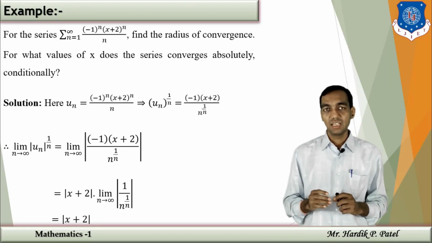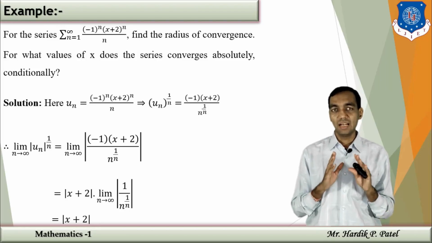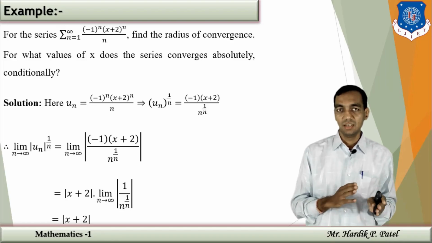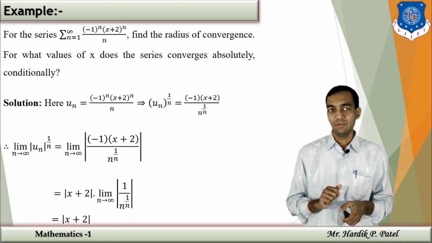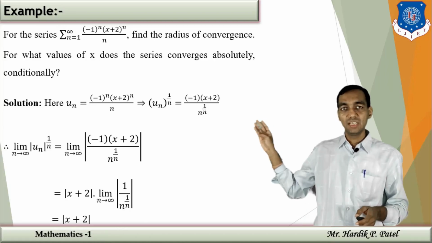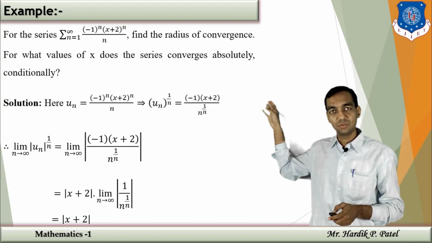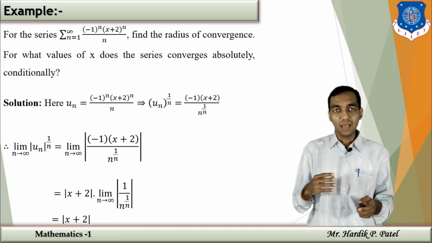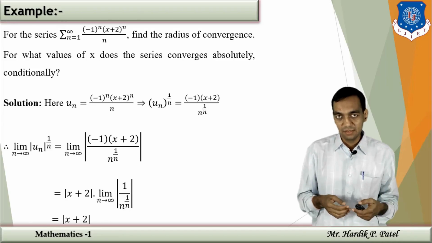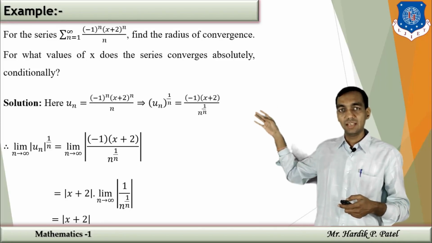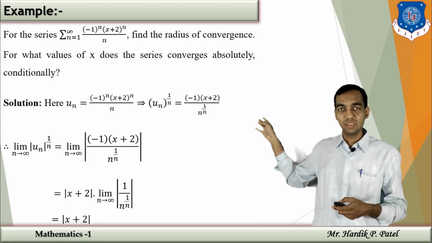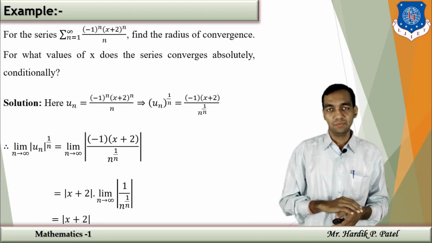So what we are going to check is, first, where your series is convergent and where your series is divergent. So we are starting with Un is equal to minus 1 raised to n into x plus 2 raised to n divided by n. I am starting with the root test. So Un raised to 1 upon n will be minus 1 into x plus 2 divided by nth root of n.